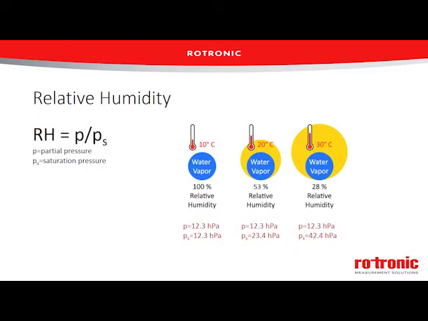So the 28% says that that's relative to the total amount that's possible. If we look here on the left-hand side and we were to cool that air down to 10 degrees C, now at 10 degrees C, that air can only hold 12.3 hectopascal. So we're using up 100% of the capacity. And that's where the relative comes in relative humidity.